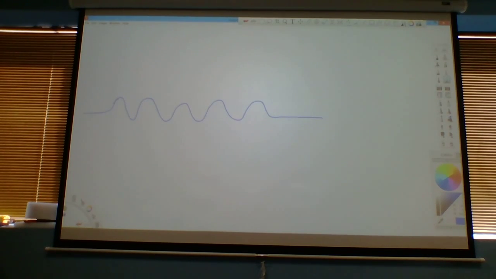Okay. Let me draw a red line in the center. So the red line is the basal line. The amount of air that you normally breathe as you speak right now is known as tidal volume.